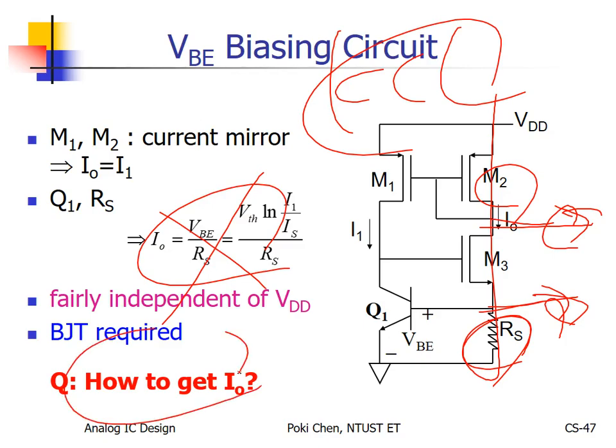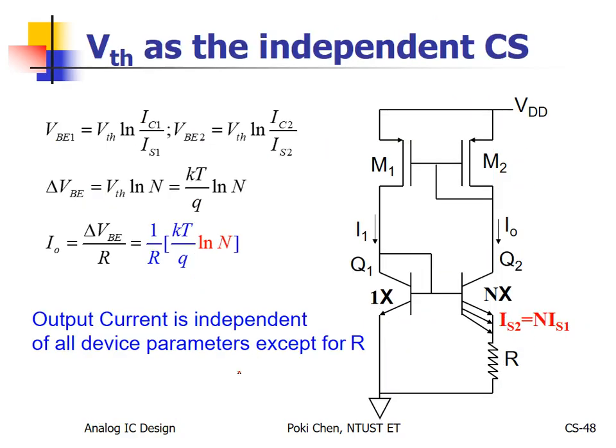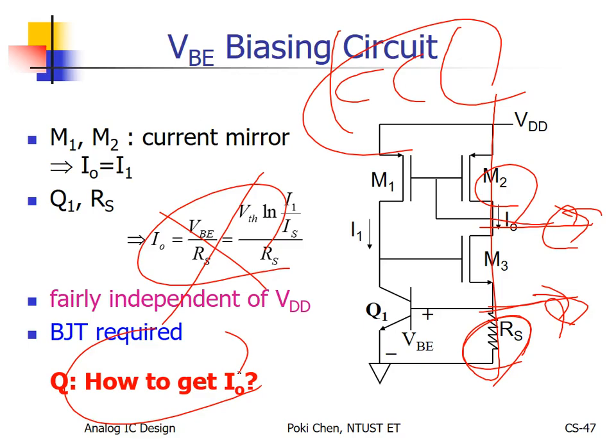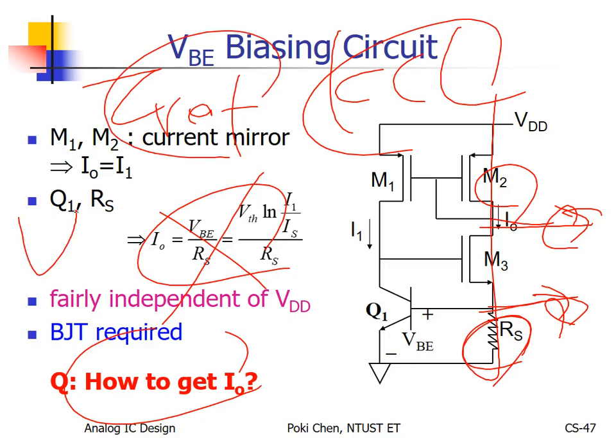That is a very important idea you need to know. But if you ask me, this is for the I reference, right? How about the V reference? How to tap out such kind of reference voltage output? Directly tapping out is good enough, because you tap out any kind of voltage to the gate of the other circuit. Who cares?